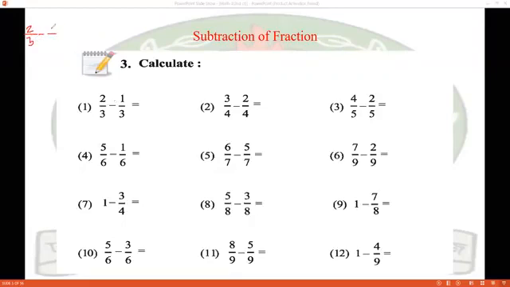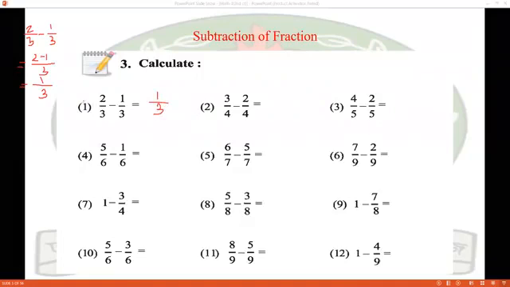The common denominator is 3. So we write the numerator 2 minus the numerator 1 because there is a common denominator. So over 3, there will be 1. So the result will be 1 by 3.